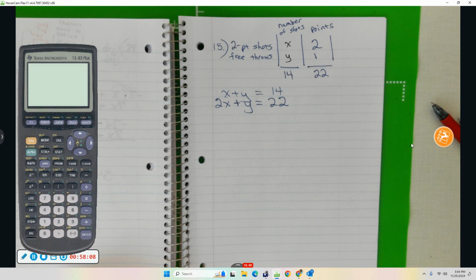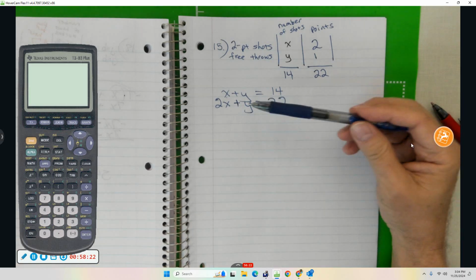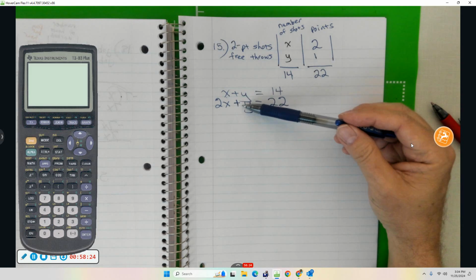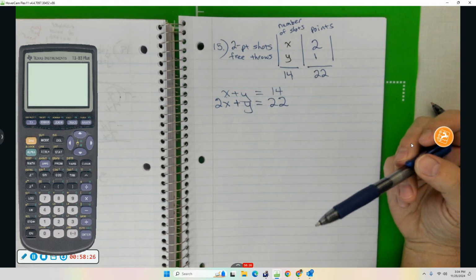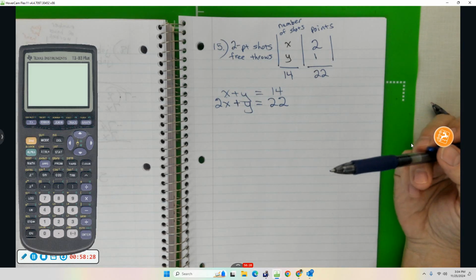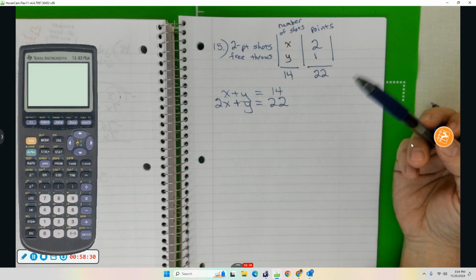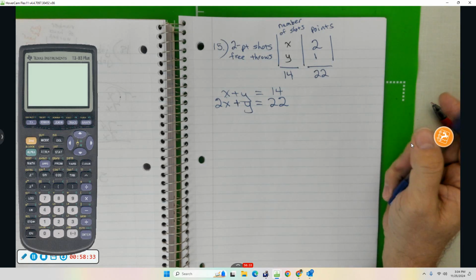Well, I'll let y'all choose elimination, substitution, or Cramer's rule. Which one do y'all want to do? Okay, do you want to eliminate X or do you want to eliminate Y? Okay, well, Y already has the same coefficient, 1 and 1. Well, we need opposite signs, so one of them has to be multiplied by -1. Which one do you think I'll multiply through by -1?